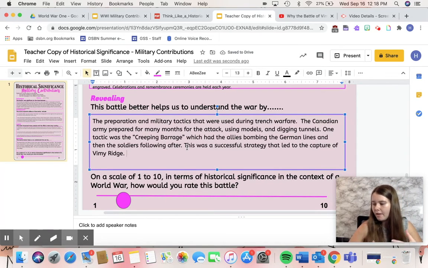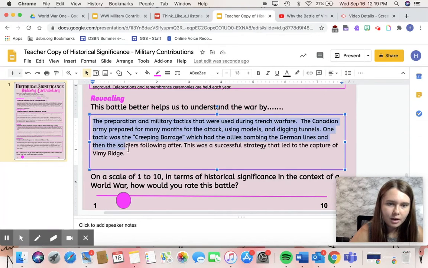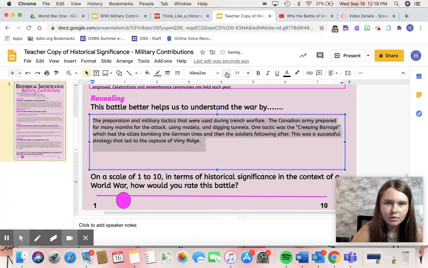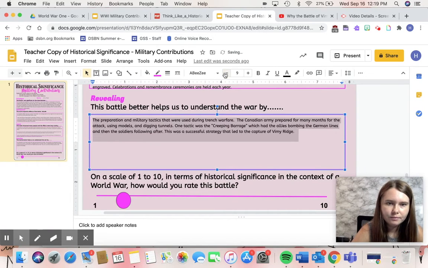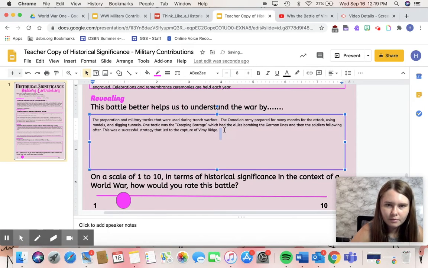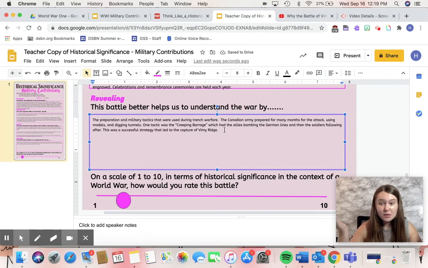So we've talked about the military tactics. We're going to have a lot to talk about. So let's reduce our font here. Let's then talk about Canada's place in the war.